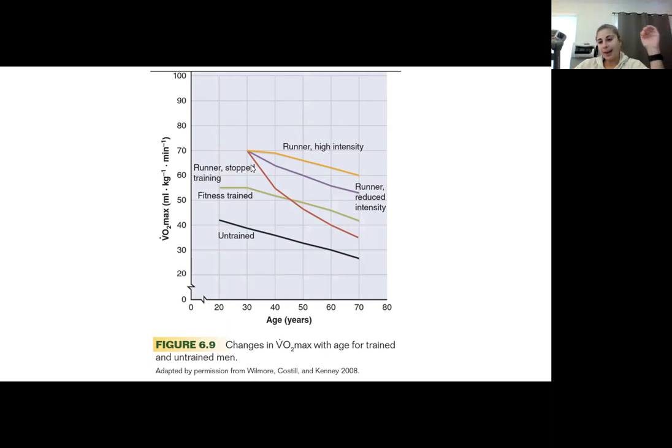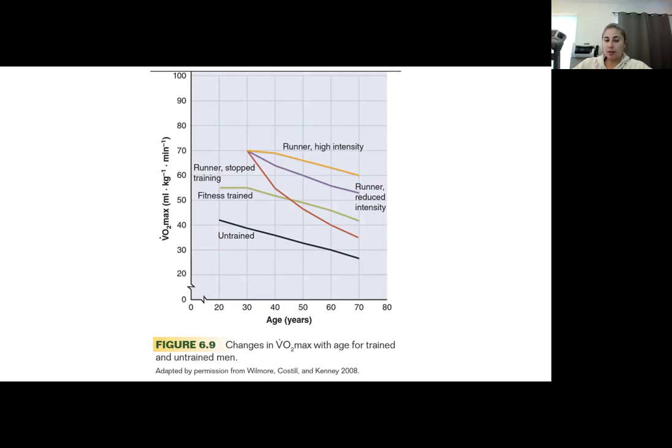So at 30, they decided, I'm good, I'm not going to run anymore. Look at how steep that decrease is here, and all the way down to mid 30s, which again, not the greatest VO2, but not as bad as someone who's untrained, even if you did something when you were 30. So that's nice to know that, hey, if I did some good aerobic training in my 30s, that's going to at least help me by the time I'm 70.